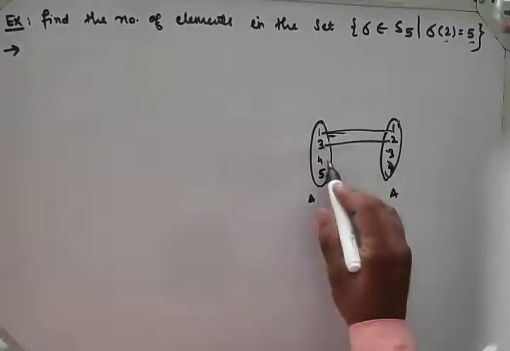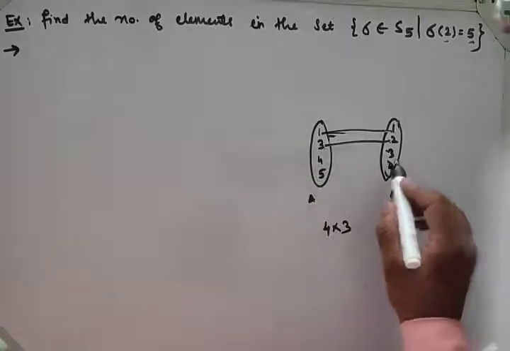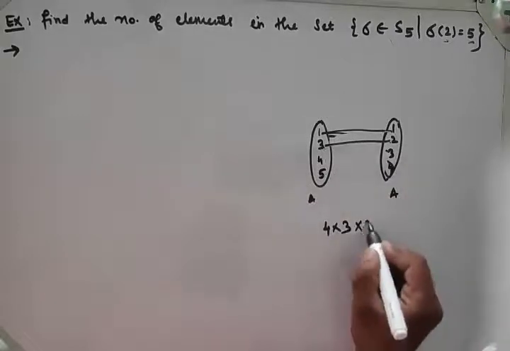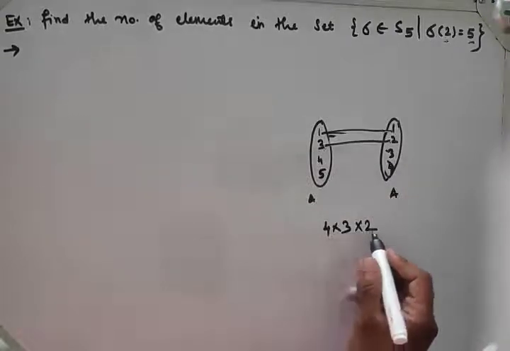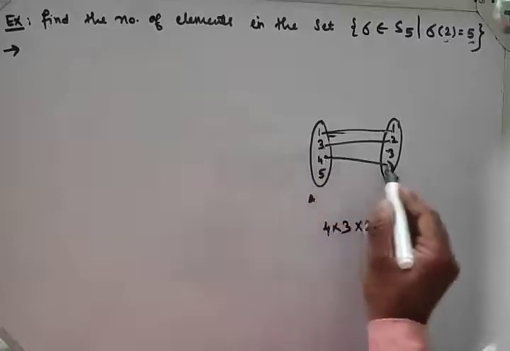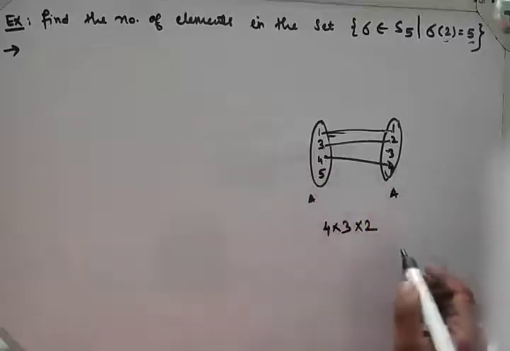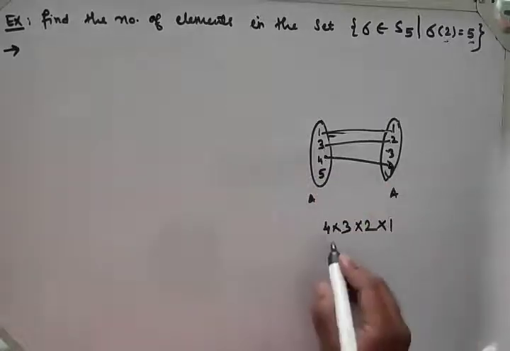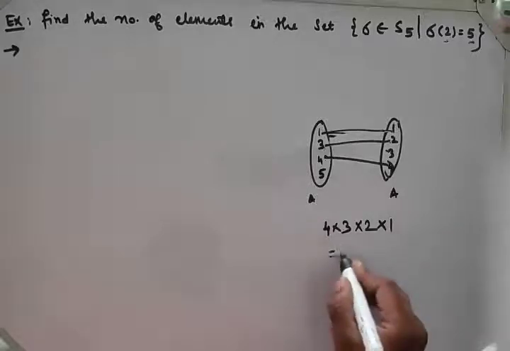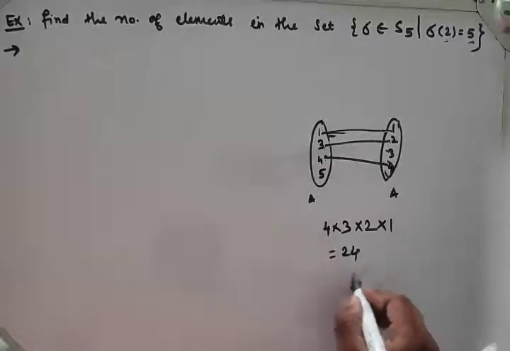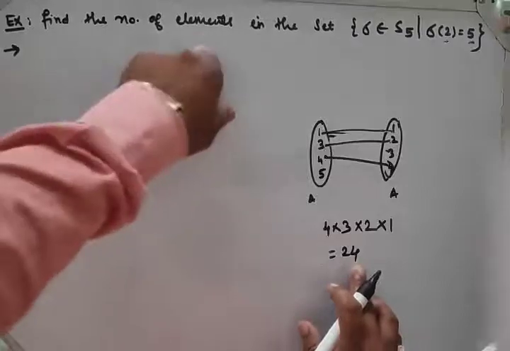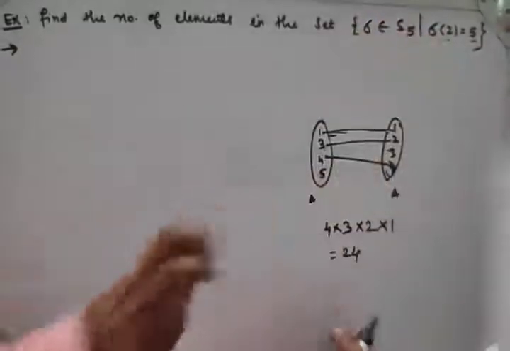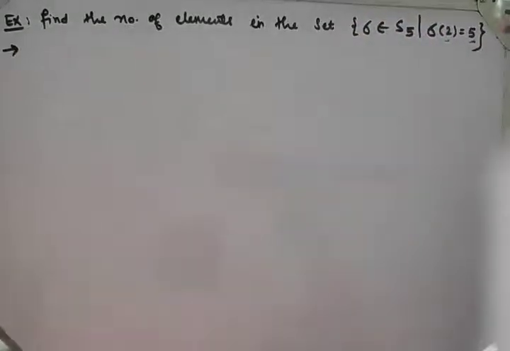Next, 4 has how many values remaining? 2. So 4 has 2 choices. So 4 into 3 into 2. I will assign 4 like this, and 5 has only 1 choice. So there are 4 into 3 into 2 into 1, so 24 elements in the set such that sigma of 2 is equal to 5, right? So let's see the solution.